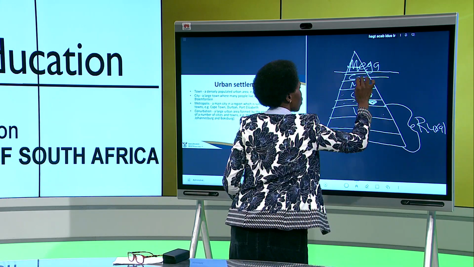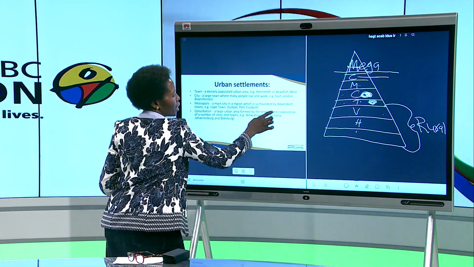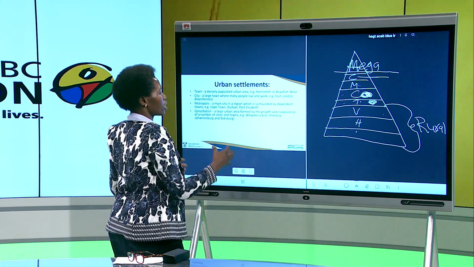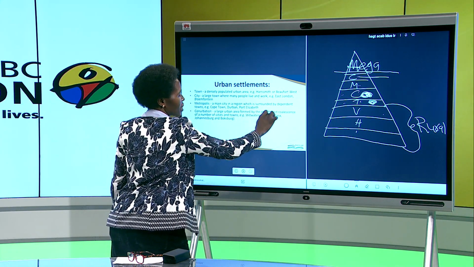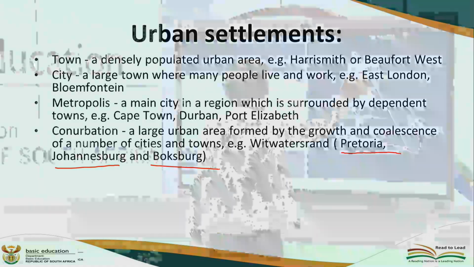We have an example of that here in Johannesburg, where we have Witwatersrand, Pretoria. Witwatersrand is an area that covers Pretoria, Johannesburg, and Boksburg, which means we have cities and towns that are joined together. That is why we are talking about conurbation.